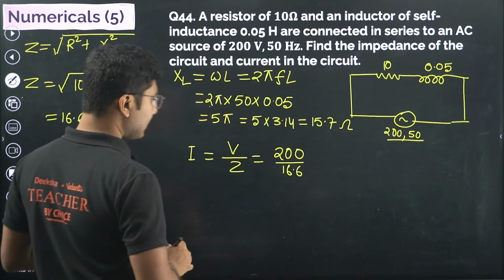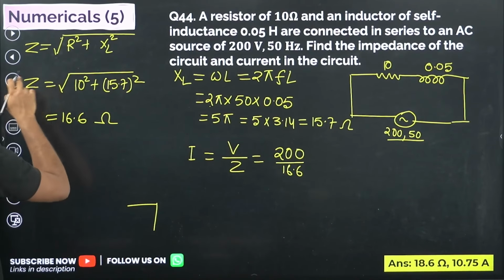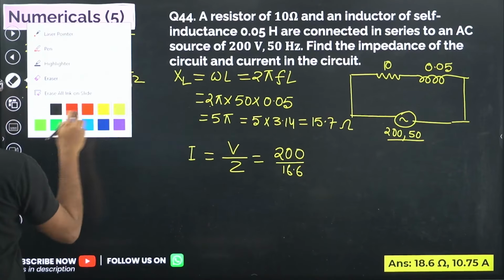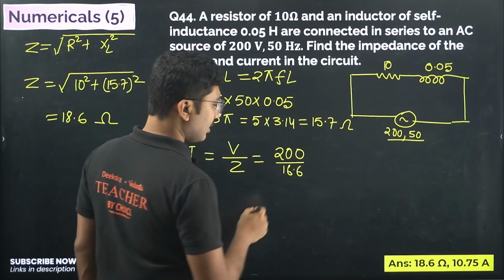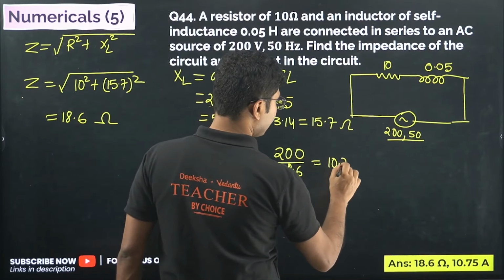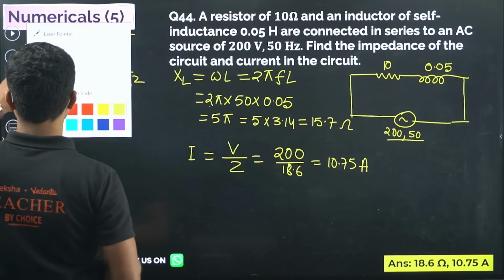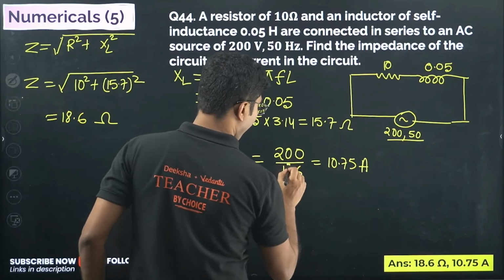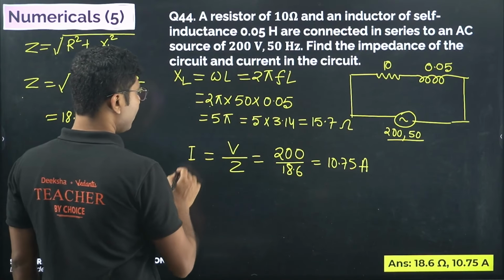So you will get the answer as 18.6, and it will be 10.75 ampere. It's a calculation part, you can use your calculator to calculate it. Only thing is that you have to use a calculator to get the answer.